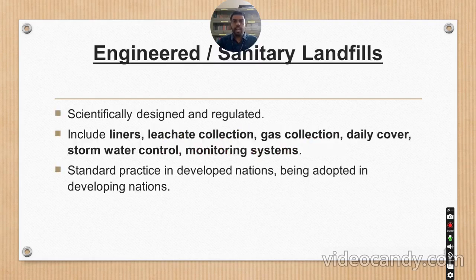These landfills come based upon the waste and upon the procedure you adopt. First we have to know how much landfill space will be consumed and how much waste will be treated.